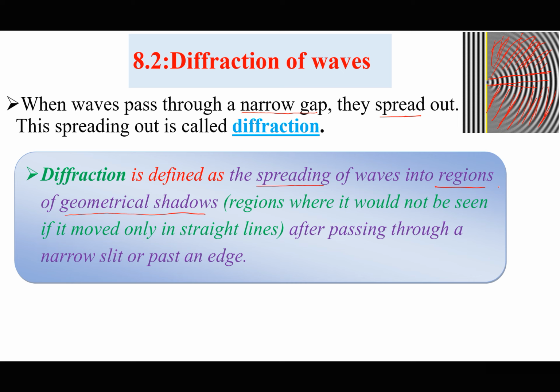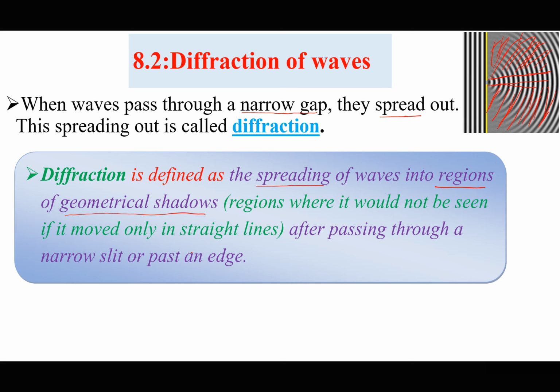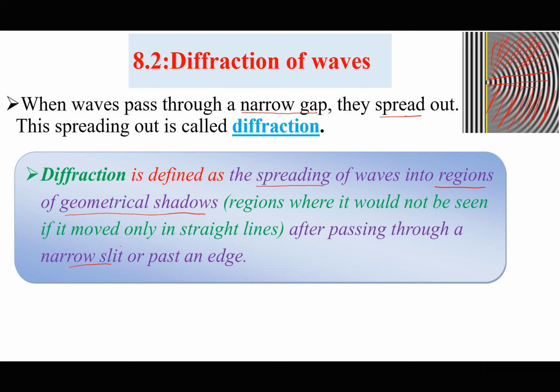When I talk about regions of geometrical shadow, these are regions where the wave would not be seen if it moved only in a straight line. This is only going to happen if the wave has passed through a narrow slit or a narrow gap, or it passes by an edge. For example, diffraction cannot only be due to a narrow gap.